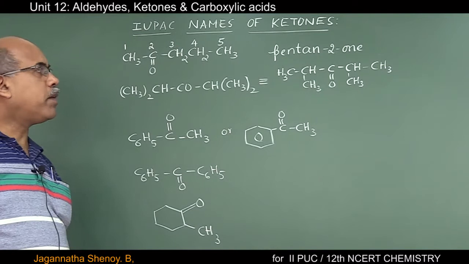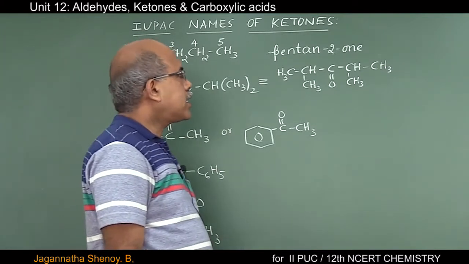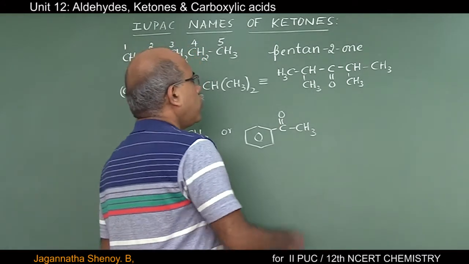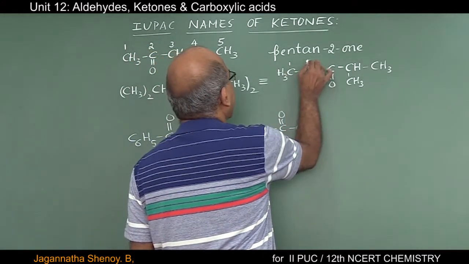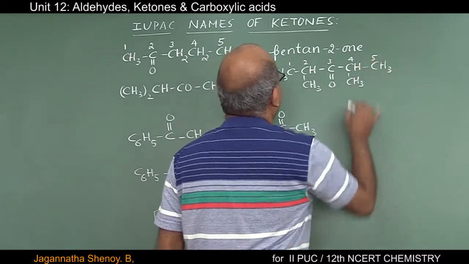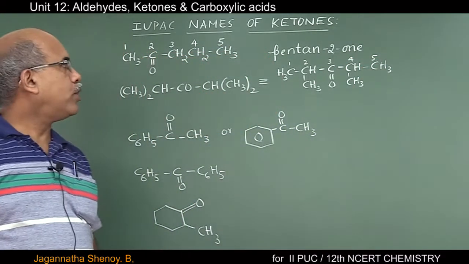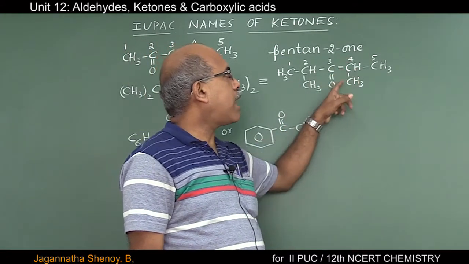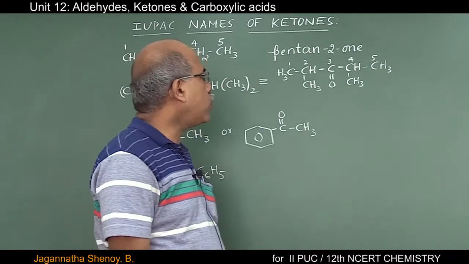What is the IUPAC name of this compound? I can start numbering from either left to right or right to left. So if it is left to right, this is the first carbon atom, second, third, fourth and the fifth carbon atom. You know, on the second carbon atom we have a methyl group, on the fourth carbon atom again we have a methyl group.